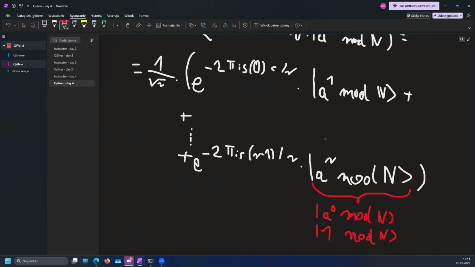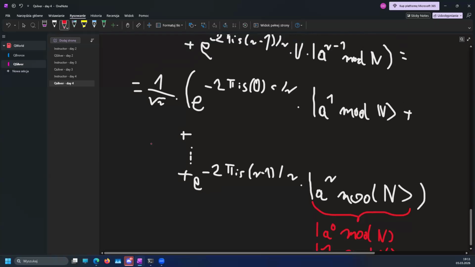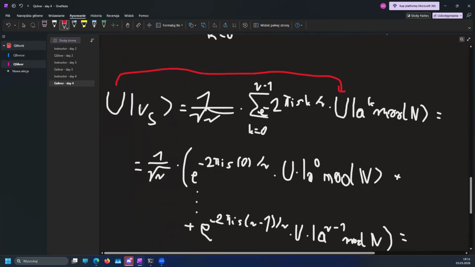So once we have reached a to the power of r, we can start again from 0. So if we forget about the coefficients, we get again the state vector Vs, which is an eigenvector.